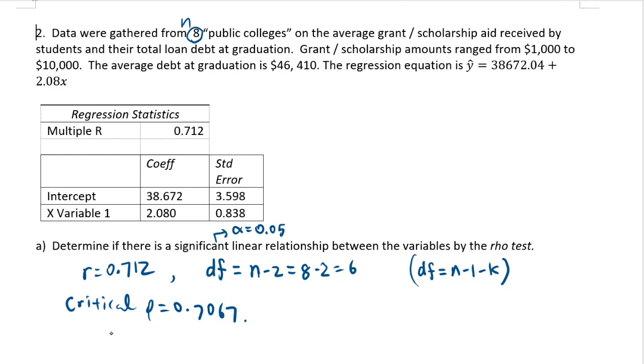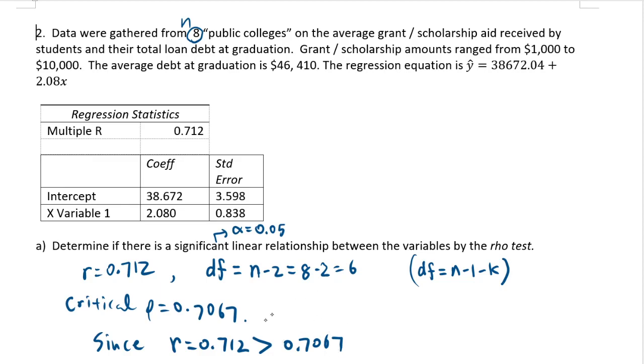And since r equal to 0.712 is bigger than 0.7067, remember that if the r value is closer to 1 or closer to -1, it's more correlated. In other words, the regression analysis gave us more correlation than the correlation level where we would deem it as correlated, right?